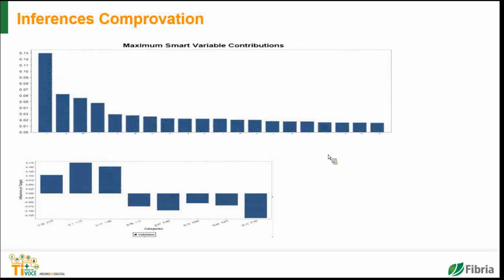After that, you can see the inferences and the confirmation. Now you can see all the variables and the level of contribution that they have to explain the target. Here we don't have the names, but the first variable on the left side of the first chart is the one that explains much more of the target.